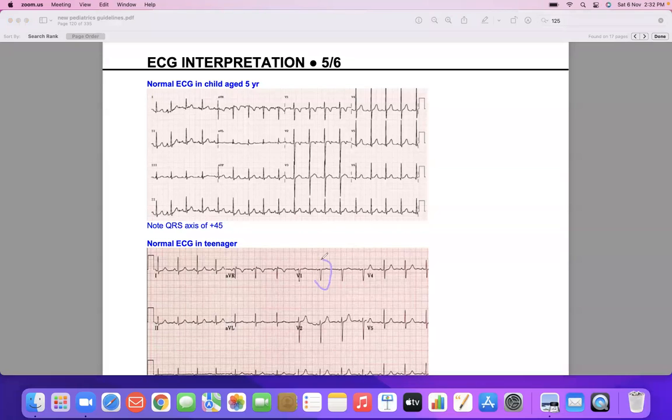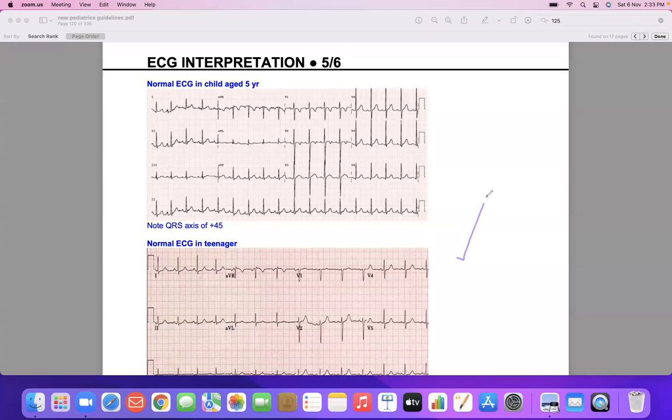This is a normal ECG, so I'm seeing S waves here. But if it was right ventricular hypertrophy, I would have seen the tall R wave and also the upright T wave. Usually in V1, there will be inverted T waves, right? Usually, yes.